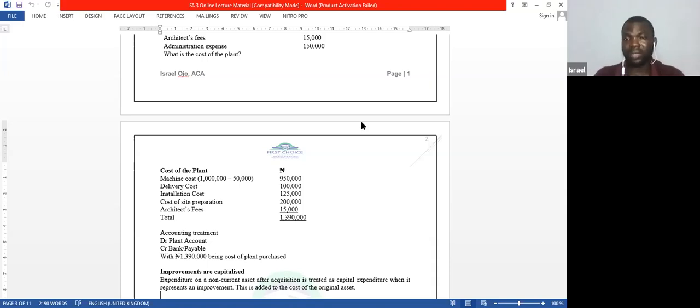You can acquire an asset either on credit or cash. If it's cash, you credit your bank account. But if it's on credit, you credit the other payables account. Other payables is a liability, and the rule says that whenever there's an increase in liability, you credit the liability account.